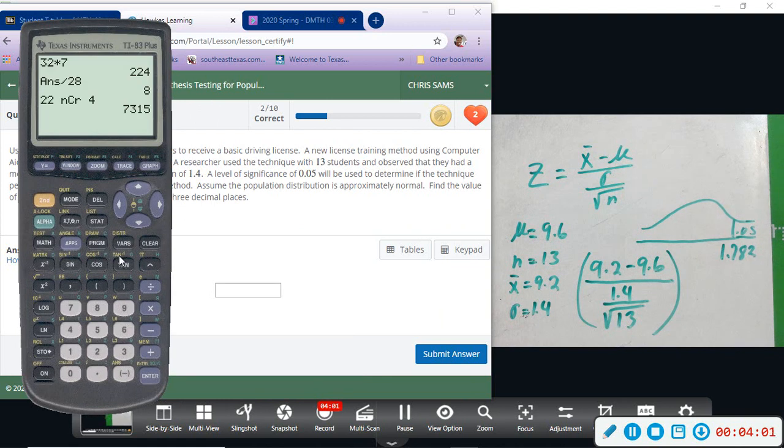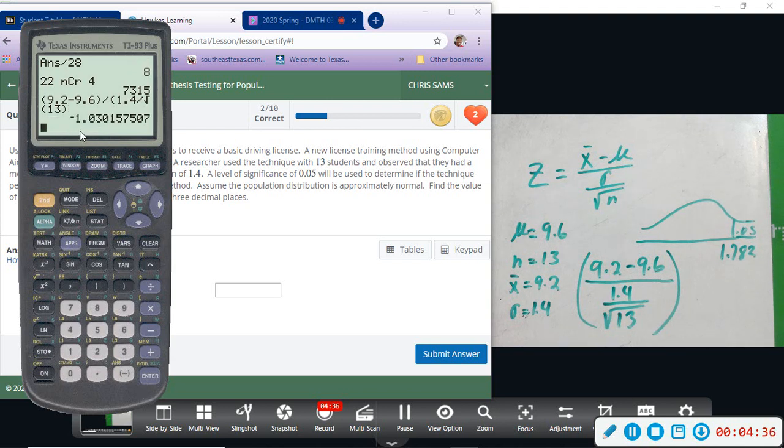I'm going to open parentheses and do 9.2 minus 9.6, and then close it. Then divided by, and open parentheses again, and do 1.4 divided by the square root of 13, and then close parentheses here.